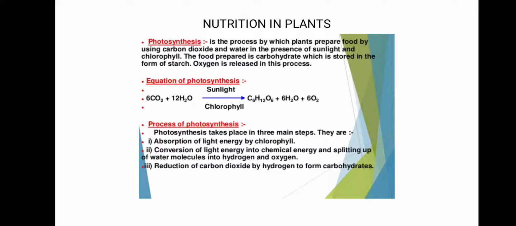Photosynthesis is the process by which plants prepare food by using carbon dioxide and water as raw material, with the help of sunlight and chlorophyll. If in the exam the question comes, what are the raw materials required for photosynthesis? The raw materials required are carbon dioxide and water.